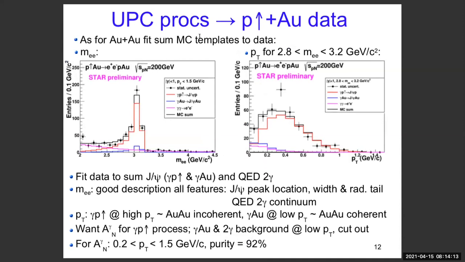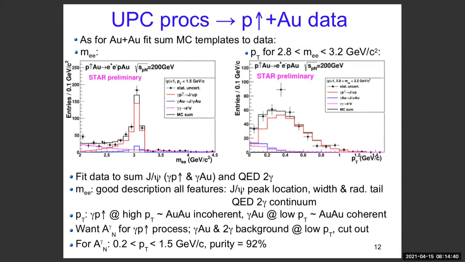So this is again what the data looks like. As with the templates I described for gold, we do the same process for p-gold. And here on the mass distribution, you see clearly there's a good description of the data, with dominant photoproduction on the proton process. Also here in the PT distribution, we see the clear J-psi peak and a radiative tail.